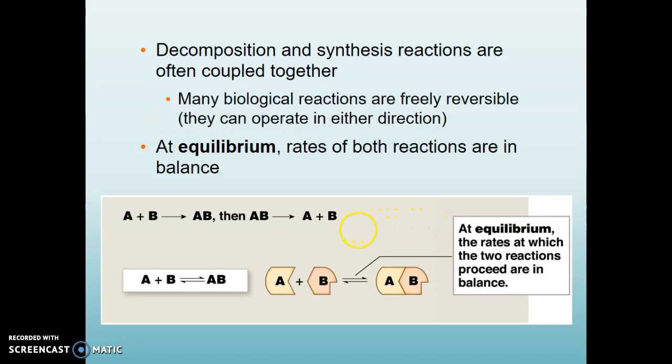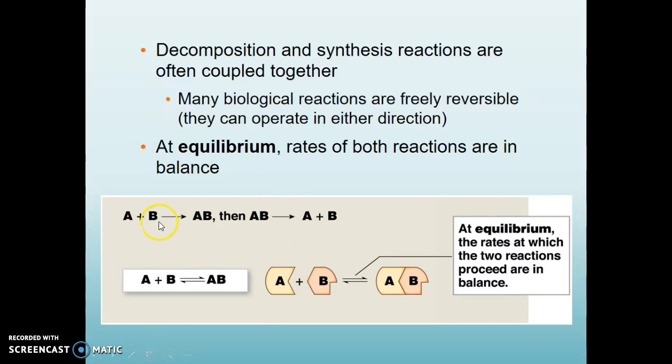Decomposition and synthesis reactions are often coupled together. This means that as one compound is decomposed, the energy from that reaction may be used to build another compound. Often these reactions are reversible.